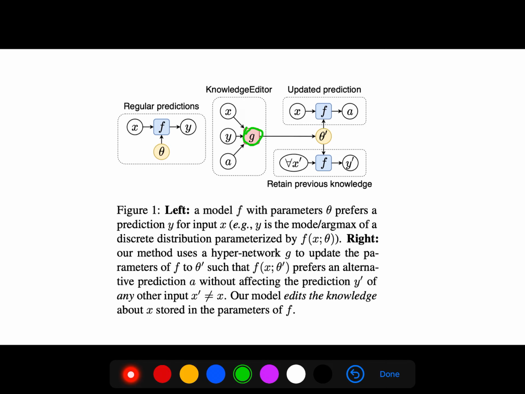Our model edits the knowledge about X stored in the parameters of F.